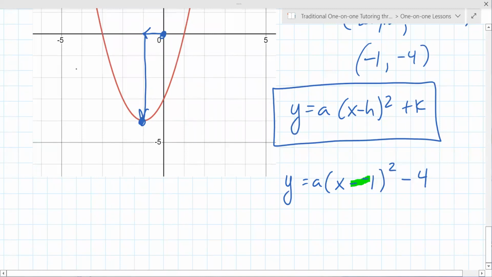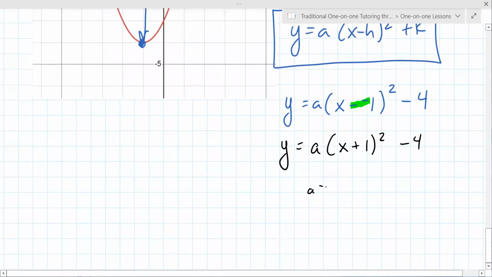So that turns into a positive. x plus 1 squared minus 4. And just like the previous problem, a is going to equal 1, so you just drop it. It becomes (x plus 1) squared minus 4, like this.